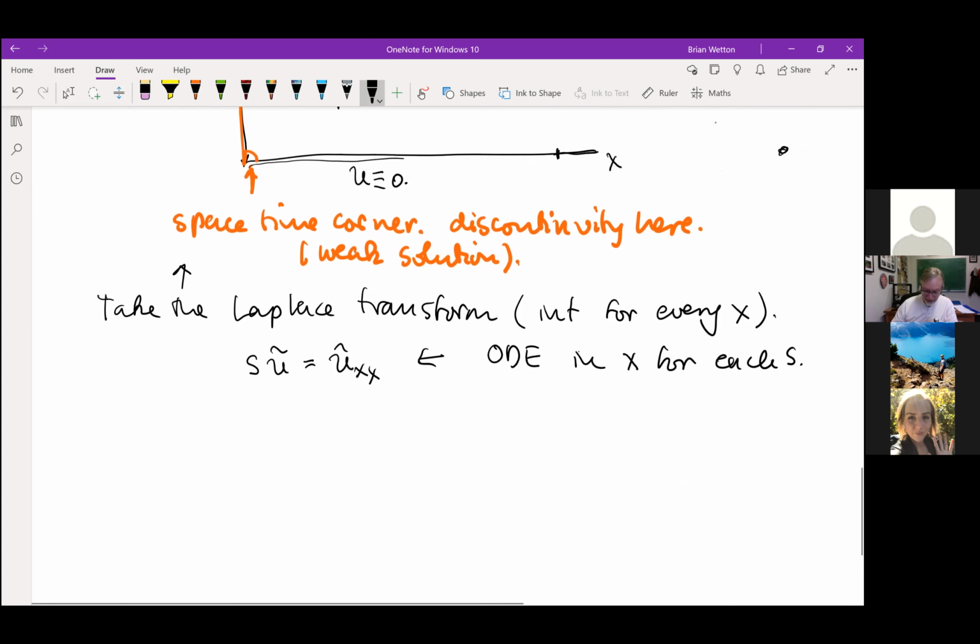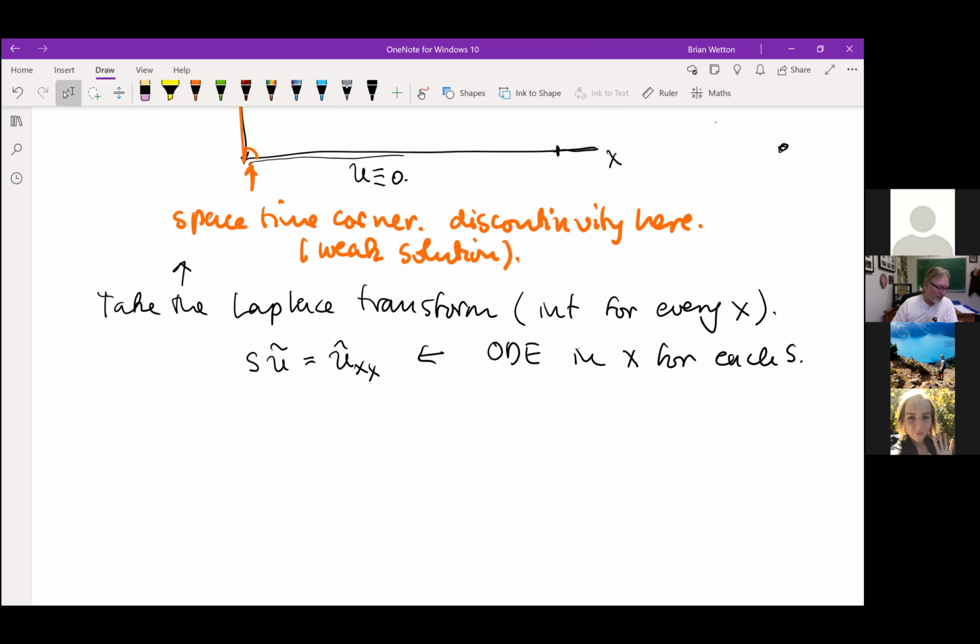Now remember, we're thinking of s as being a complex number. And so I'm going to write a solution, but of course we're going to have to worry about the square root of s, which is going to appear in this expression. I'm going to have a constant. Well, this constant will depend on s. I should put that in. It's going to be e to the minus square root of s times x, and then there'll be a positive square root.